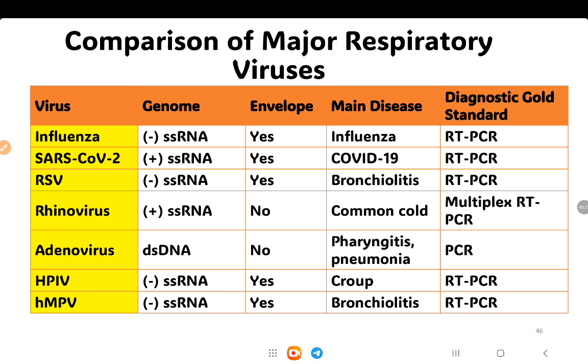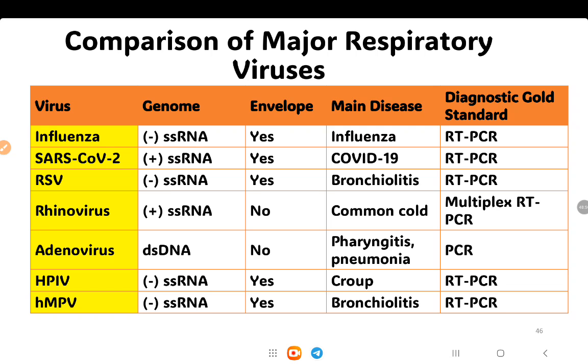This table summarizes the major respiratory viruses discussed in this lecture. Most of the viruses are RNA viruses, while adenovirus is the only DNA virus. Most are enveloped viruses, except rhino and adeno, which are non-enveloped. Although these viruses produce similar symptoms, their genome structure and laboratory diagnosis are different.